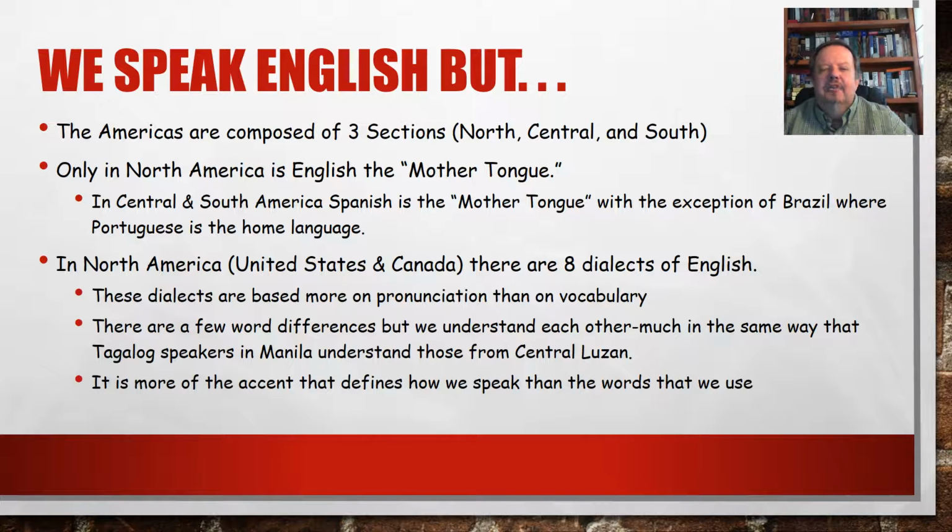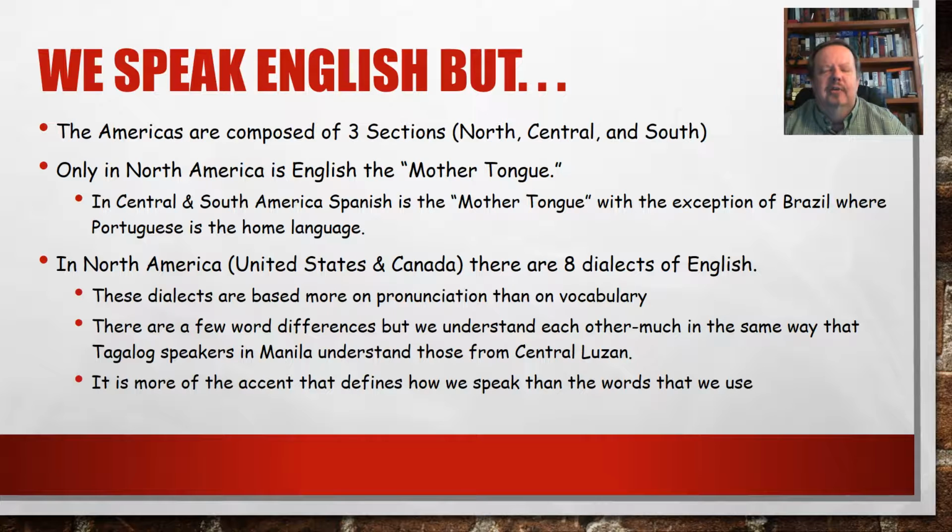First, understand that in the United States there are basically 3 different sections of the United States, and the English language is spoken a little bit differently in each section. The North and the South probably have the greatest difference in the way English sounds. It's not so much the words as it is the accent that's placed on the words.